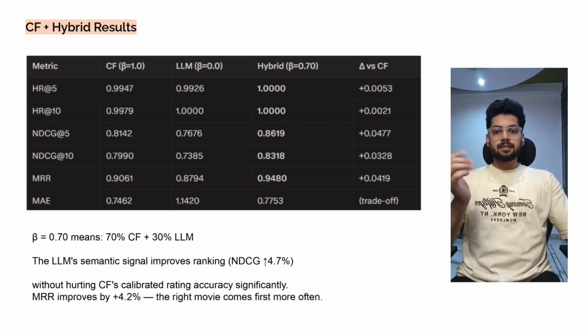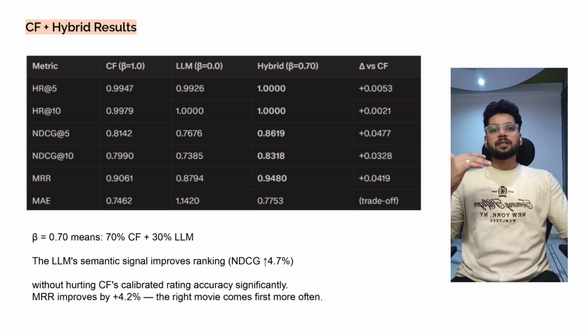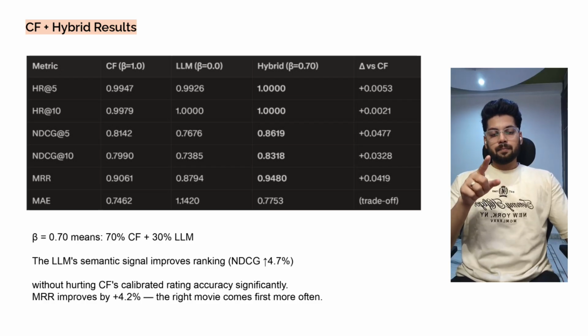Now look what happens. The NDCG at 5 goes from 0.814 to 0.862, a 5.8% relative improvement. The MRR goes from 0.906 to 0.948, a 4.6% relative improvement, and the hit rate at 5 is a perfect 1.0.